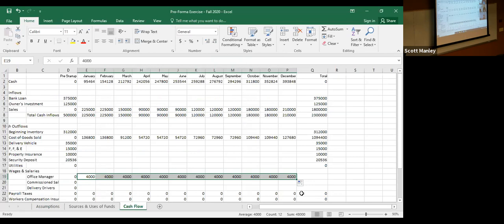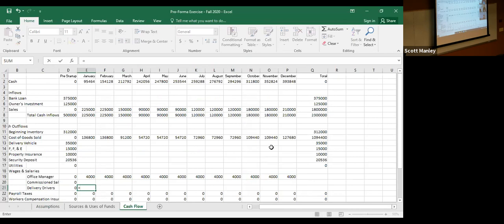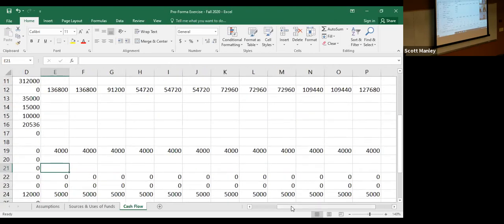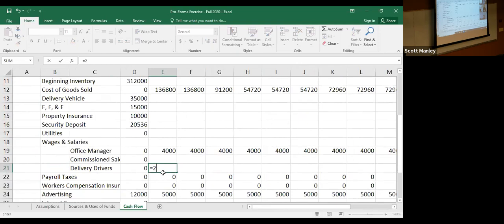Let's take the delivery drivers next, okay? I've got 2 of them. So here's the way I'm going to work it, okay? I'm going to take 2 drivers, put in a formula that says take 2 drivers. I can make this bigger so that you guys can see it, okay? I've got 2 drivers that make $12 per hour, that work 40 hours per week, right?